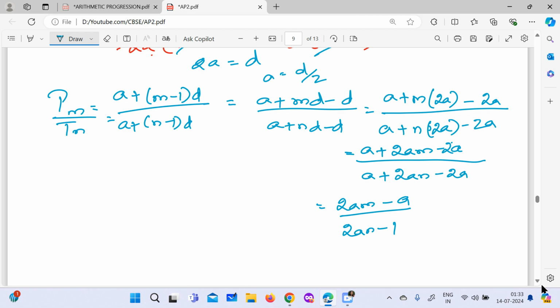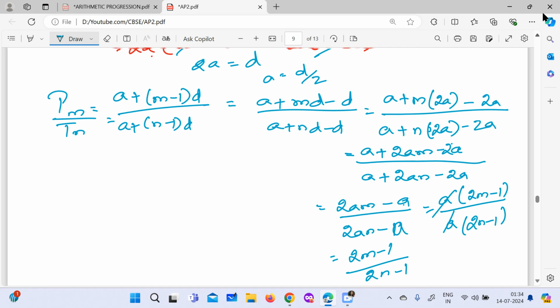So here you get minus a plus 2am, and here also minus a plus 2an. We can simplify this now. a is common, so take out a, and you get 2m minus 1, and here you get a times 2n minus 1. So a will be cancelled, and then you have 2m minus 1 over 2n minus 1. And this was the question.